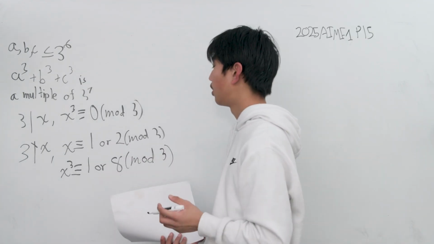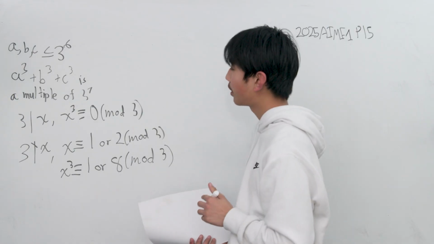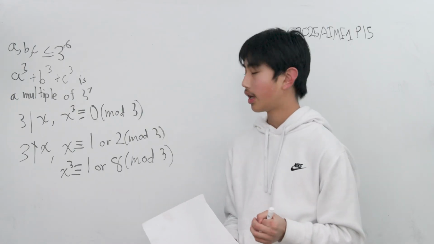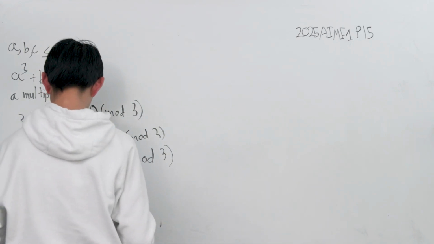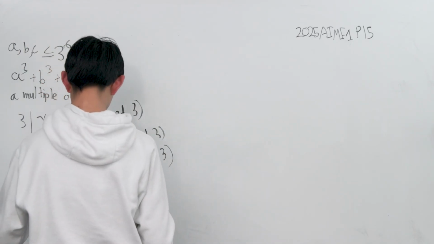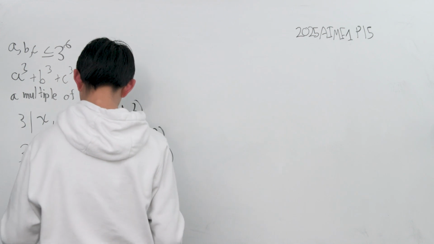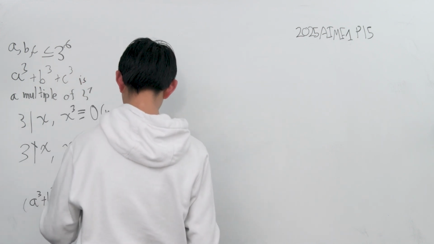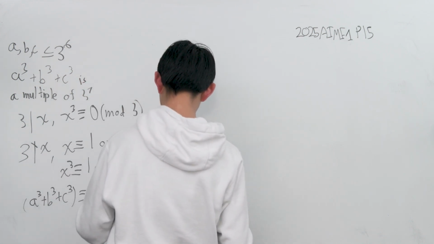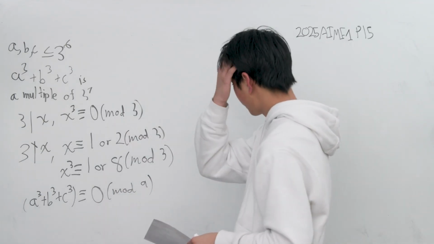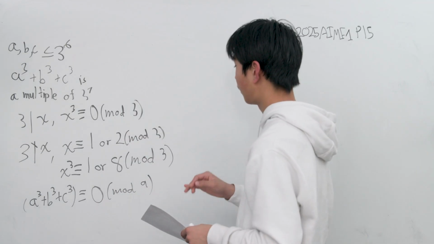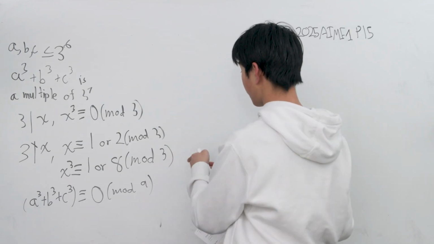Now, basically, we have three numbers, and we want the case such that a cubed plus b cubed plus c cubed is equivalent to 0 mod 9.